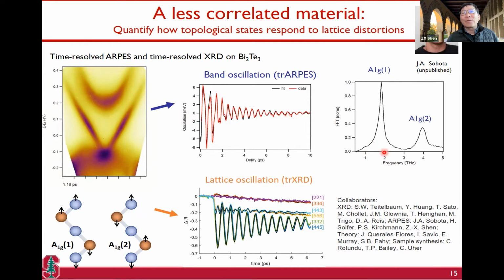And if you do a Fourier transform, you can see the two A1g phonon vibrations in this system. Again, it's convincing because you see all the phonons in the electron spectrum, okay, through the electrons. Those are all work in progress.